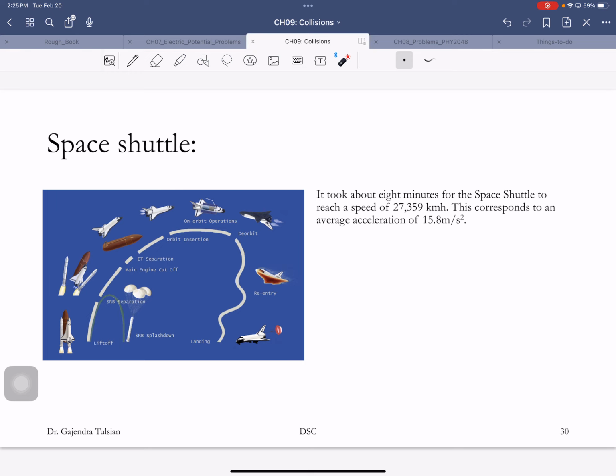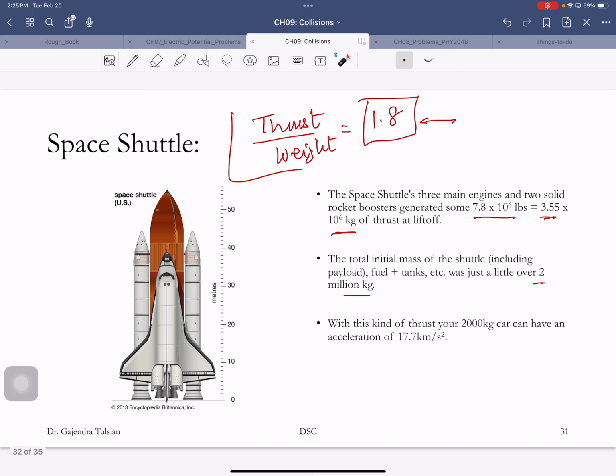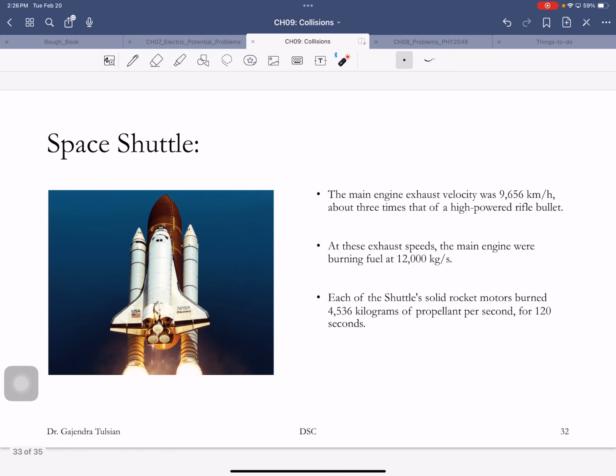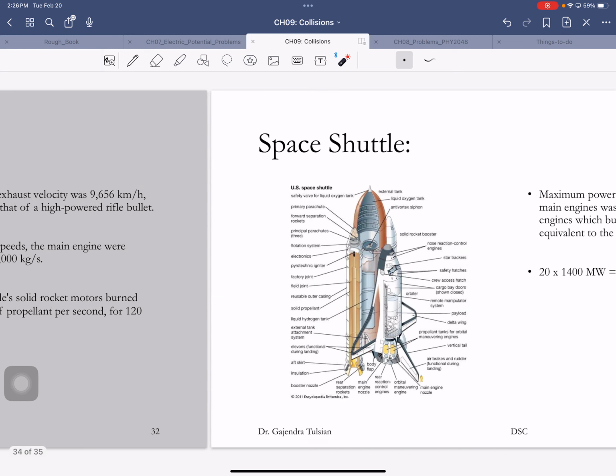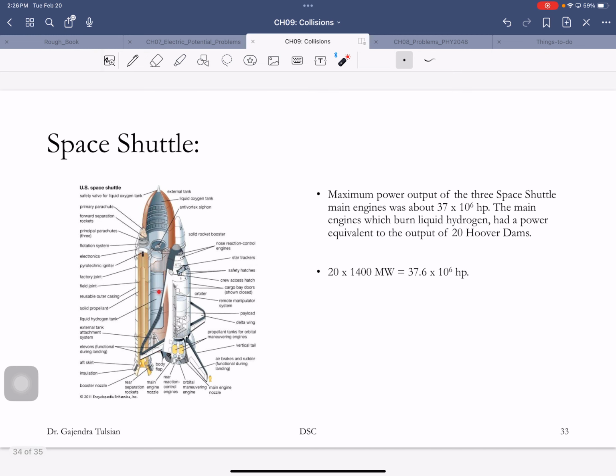What did the space shuttle burn? What was the fuel? Hydrogen and oxygen. Oxygen is what you need when you burn something, so there's the fuel, liquid hydrogen, and there's the liquid oxygen.